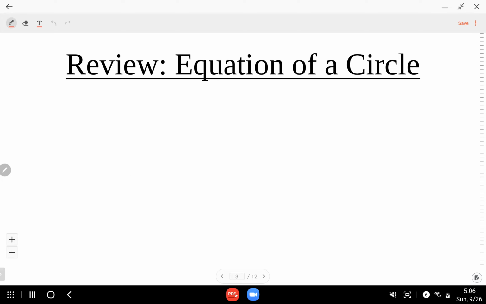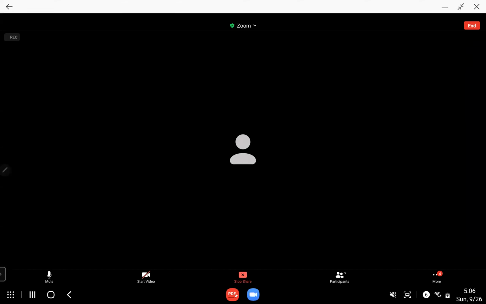Let's review the equation of a circle. Can anybody tell me what you must have to graph a circle? How do you make a circle? Does anybody remember this from last lecture?